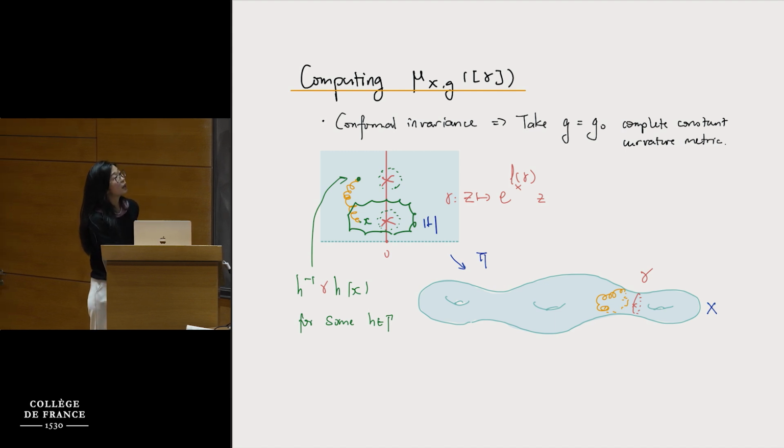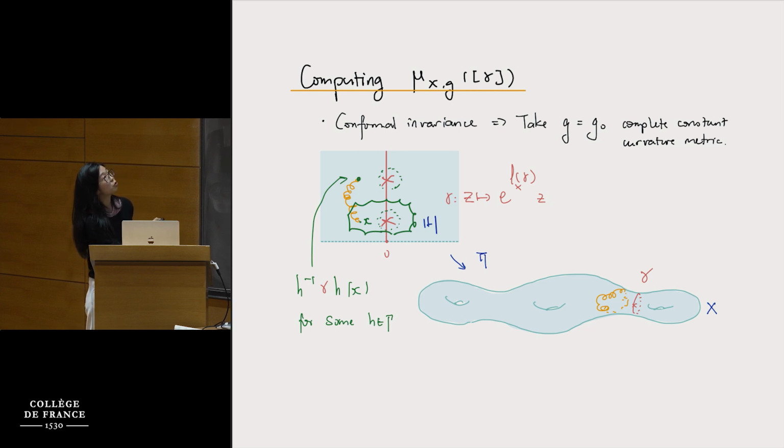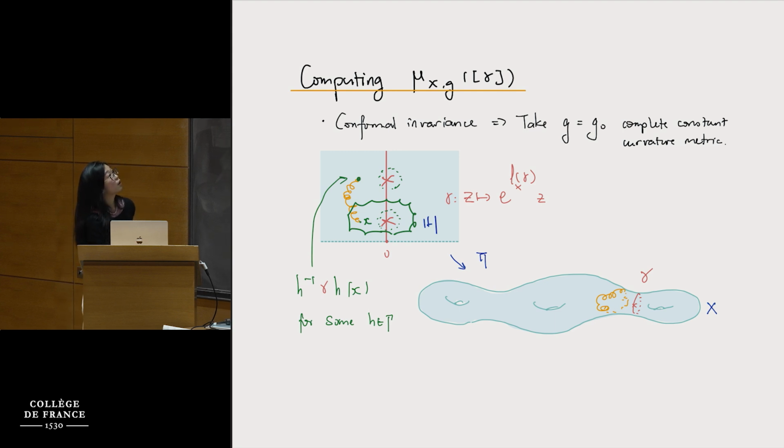And what kind of curves would be homotopic to gamma? These are exactly the loops which start from one lift, x, to another point of the form h minus 1 gamma h x. So this is in the conjugacy class of this gamma element, where big gamma is the Fuchsian group, the deck transformations on H. Why conjugacy class?